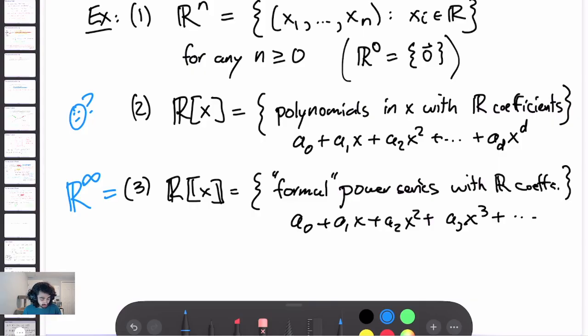Somehow these polynomials live in a weird space that's bigger than any Rn, because a polynomial can be as long as you want. It's not just a fixed size, but it's not quite infinite either. You can't quite go all the way up to formal power series. So trying to fit it onto this scale or that scale, it's somehow in the middle in an interesting way.